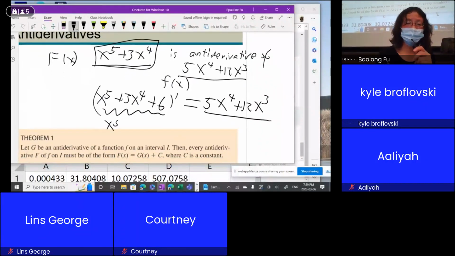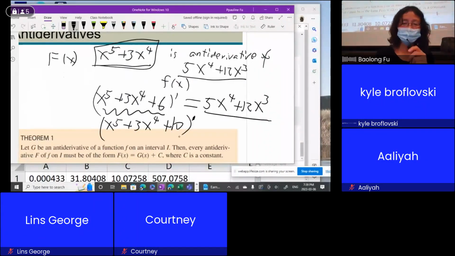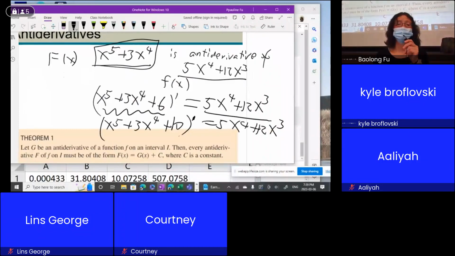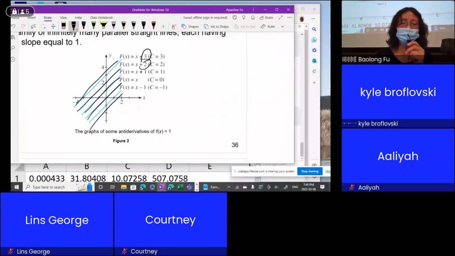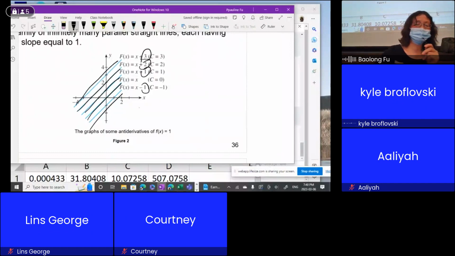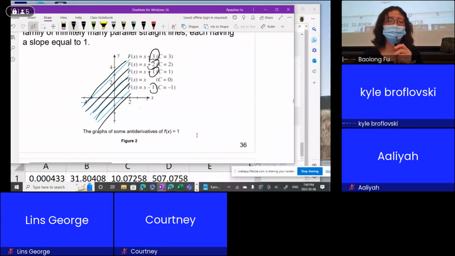Because I can give you another example. This function, if you take the derivative, is still the same result. Did you see there are many antiderivative functions? The difference between them is by a constant. If you use a graph, you have many antiderivative functions that differ only by a constant.